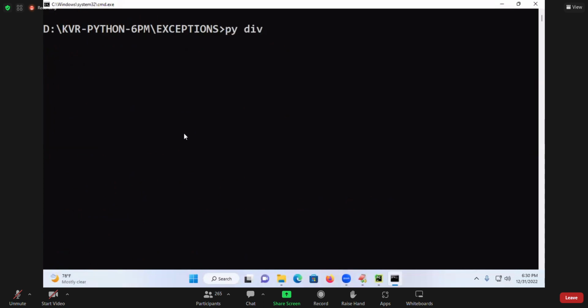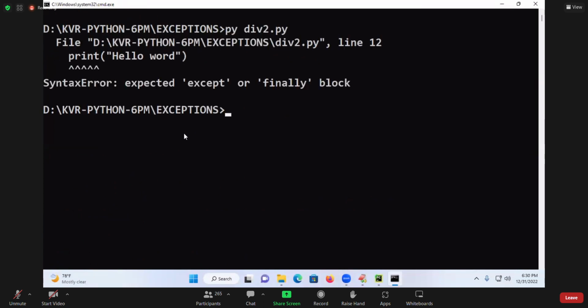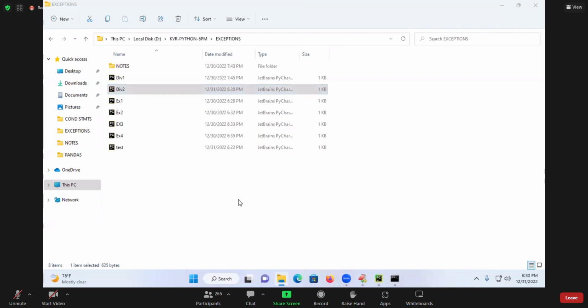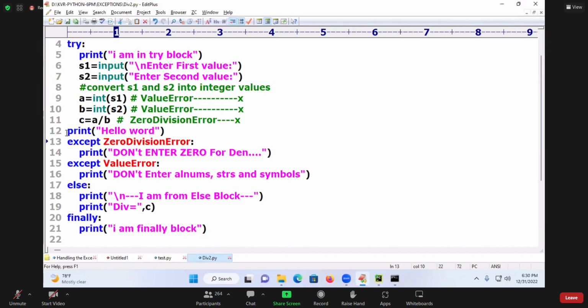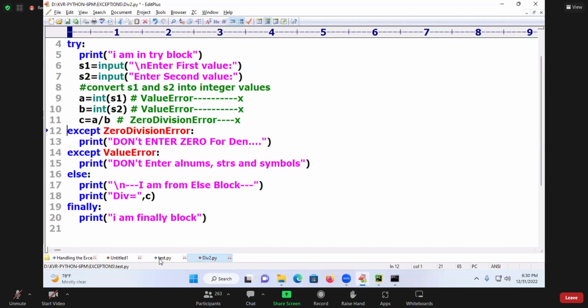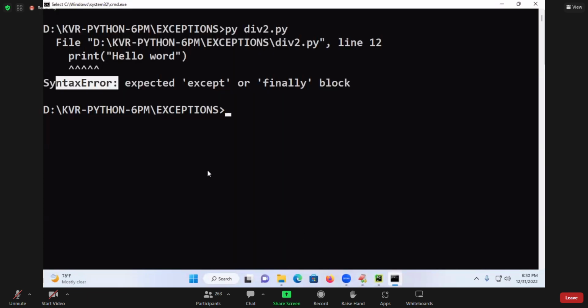Observe it: go to div2.py. See that hello world gives a syntax error. That means every try block must immediately contain an except block.